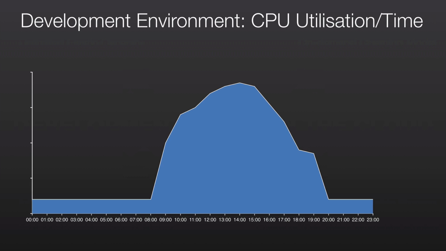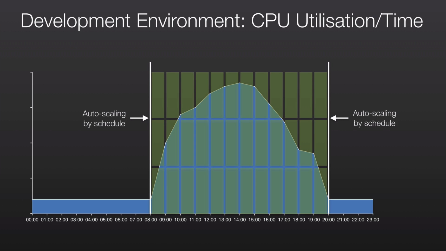And there's a helpful feature of AWS that allows you to clean away unused capacity, or maybe create capacity that you're about to use and then clean it away at a later stage. And this is to use auto-scaling by schedule, which is a feature of the auto-scaling service on Amazon's EC2 service. And you can use this to create and destroy computing resources at particular times of the day.